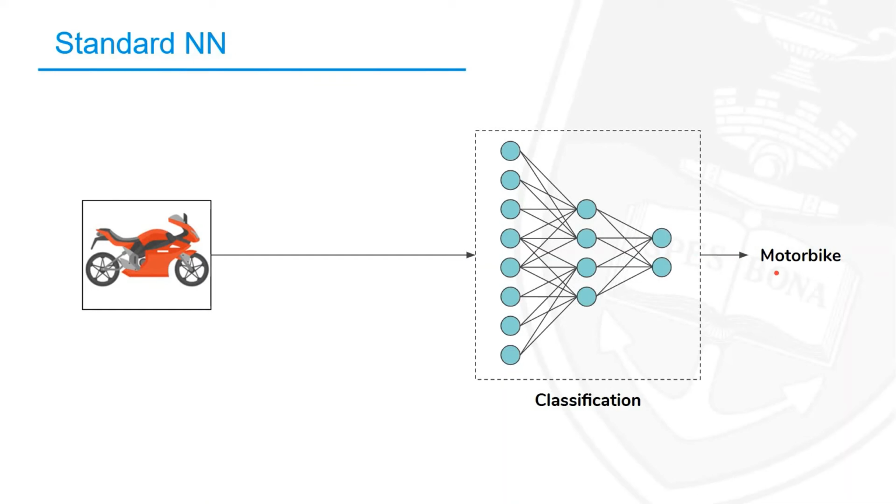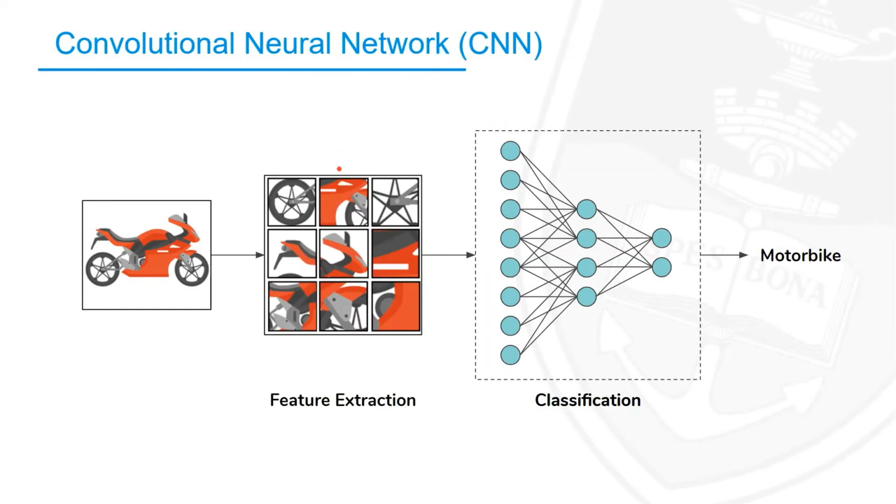What is different about the convolutional neural network is that we introduce a new layer. We introduce a layer that is specifically responsible for feature extraction. It doesn't pass the entire image through to the classifier. It passes the image through to a feature extraction algorithm or a feature extraction layer, which then passes individual features to the classification layer.